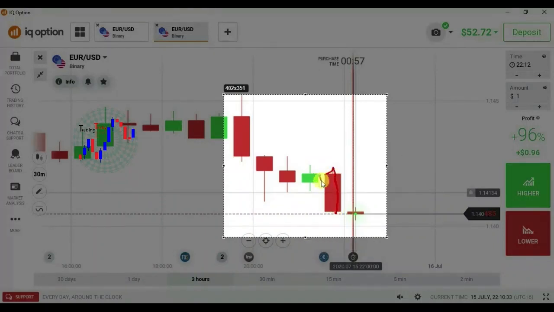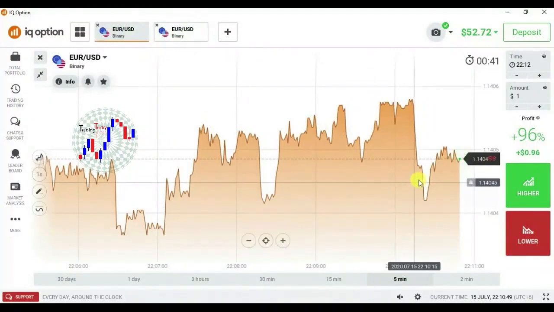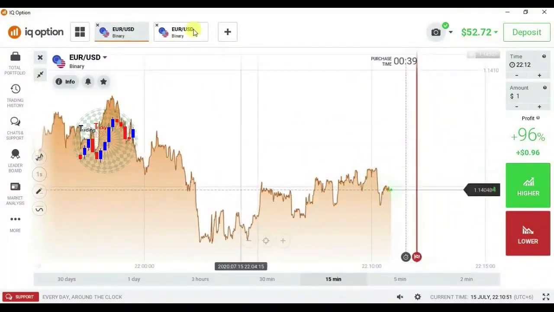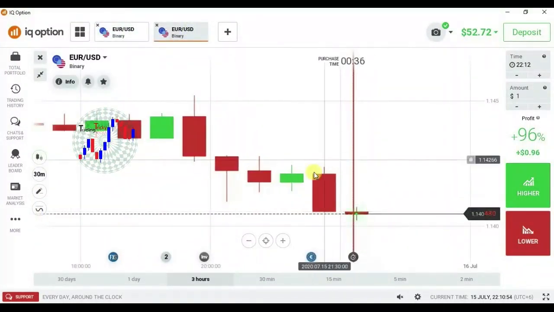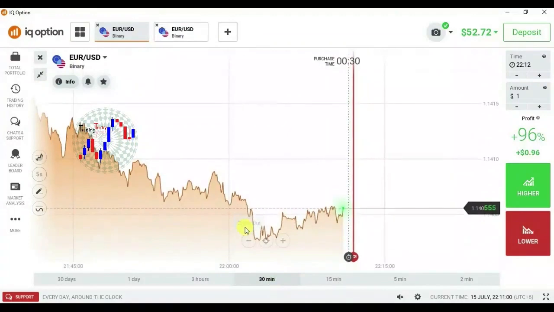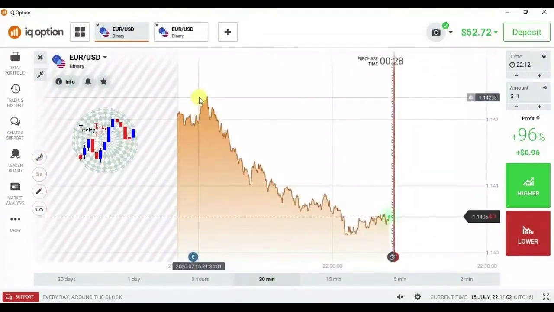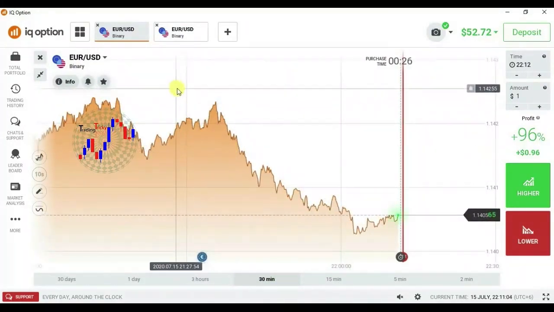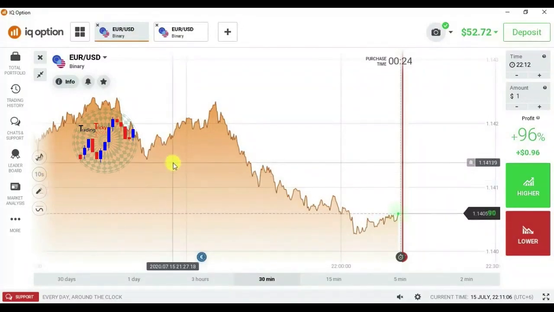No, there is a lot of history, something like this, and then it closes here. So if we look at this candle, this is 30 minutes. Maybe this is the first 30 minutes candle.